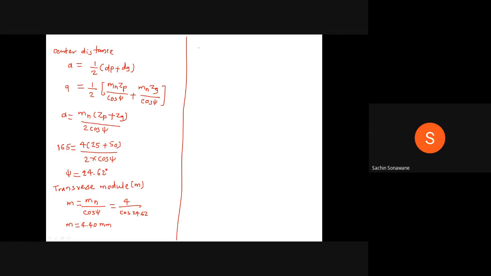Now we'll calculate the axial pitch PA. Therefore, write down axial pitch PA. PA is equal to P upon tan psi, which is equal to pi m upon tan psi. Therefore, PA is equal to pi into 4.40 divided by tan of psi.